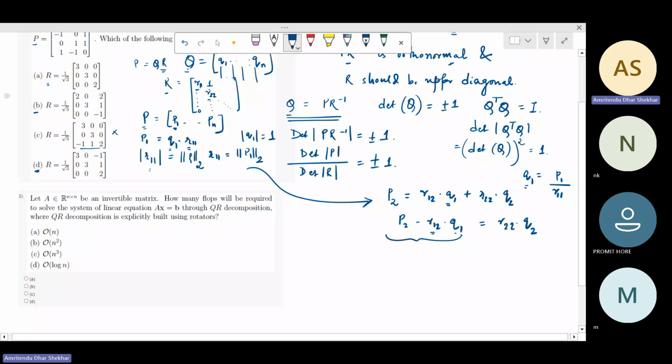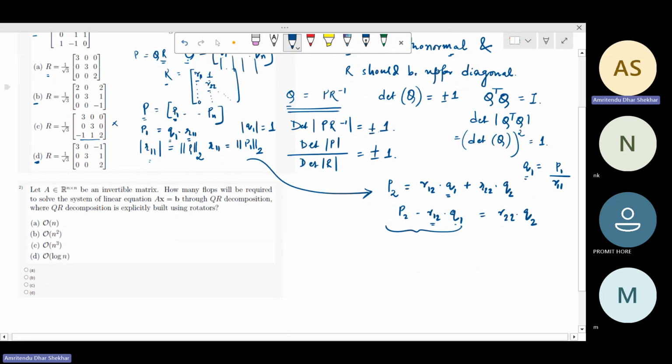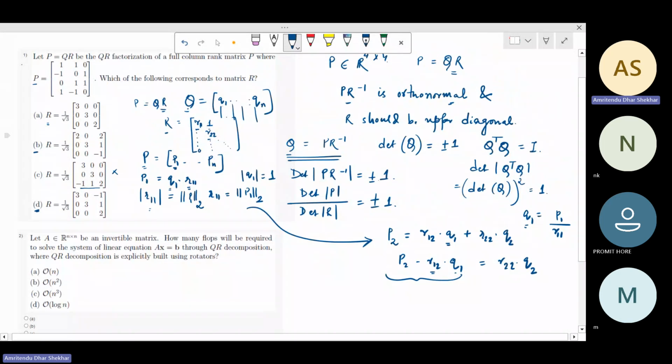Essentially, instead of doing this, one thing you can do is the Gram-Schmidt orthogonalization process.